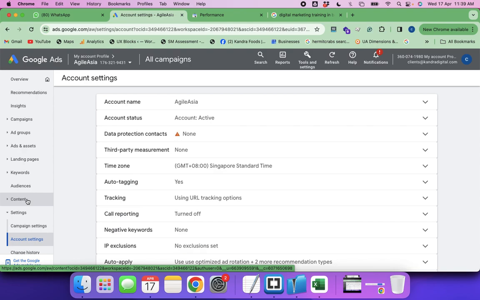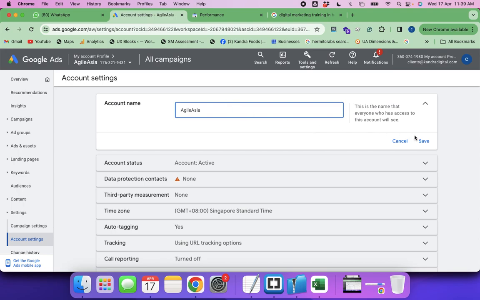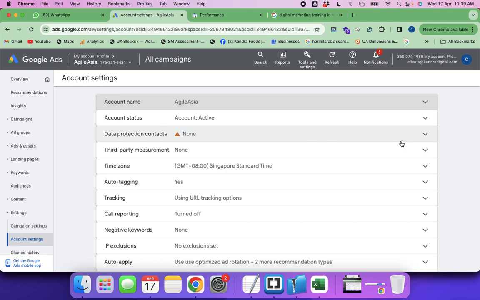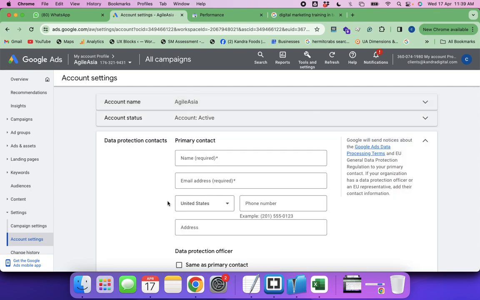So the account name, you can change your account name. These are not so important details and are mostly occasional. For example, if you want to change the name of Ajay Asia to something else, you can change that here. Account status itself, we can mark as inactive. Data protection contacts: none. Google will send notices about the Google Ads data processing terms and EU general data protection regulation to your primary contact.